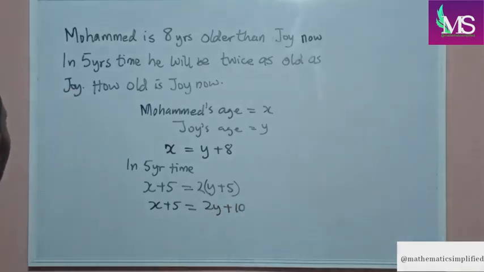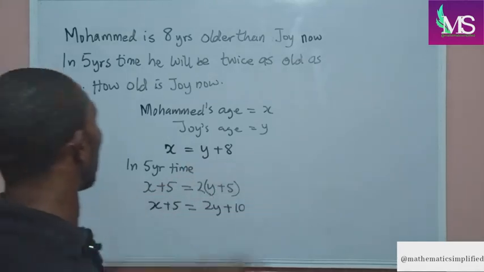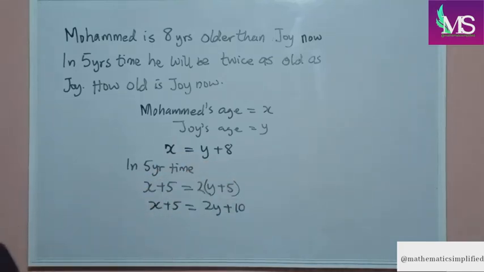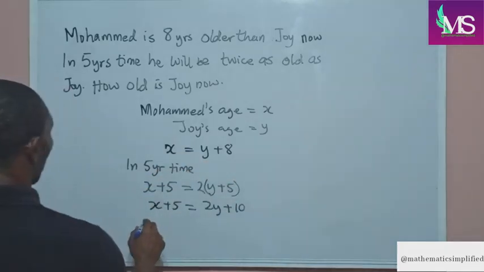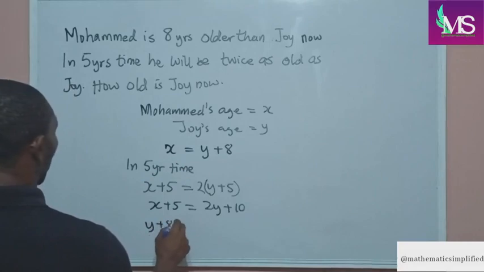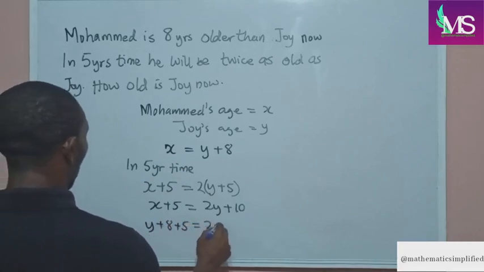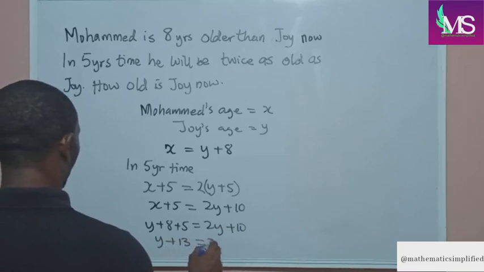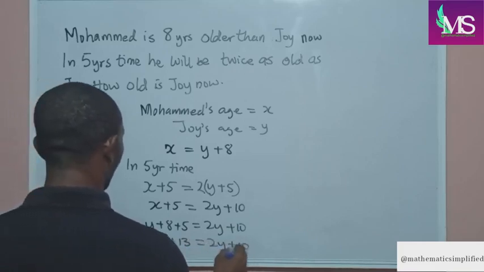But now we know that X equals Y plus 8. Now substituting for X, which is Y plus 8 here, this becomes Y plus 8 plus 5 equals 2Y plus 10. This will become Y plus 13 equals 2Y plus 10.